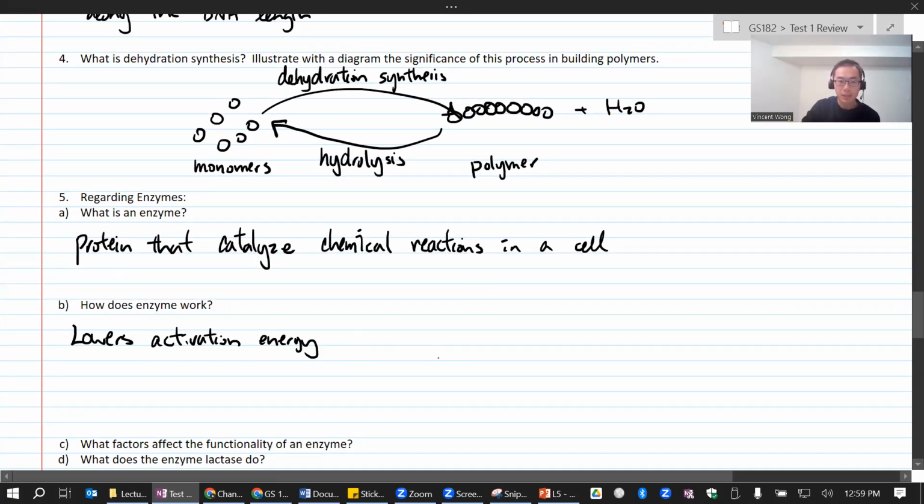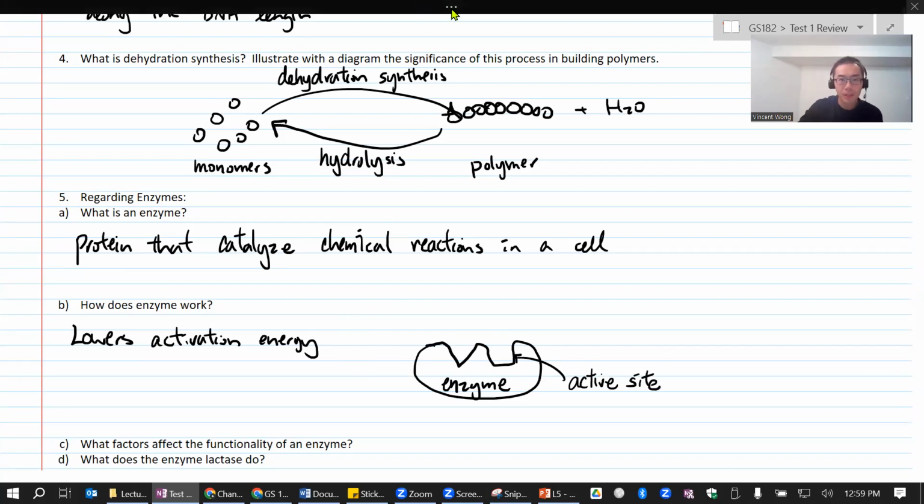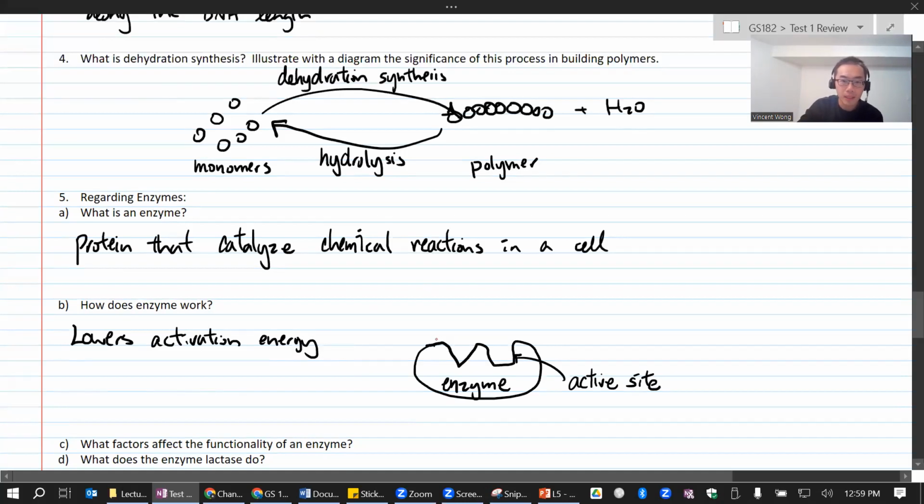And how does the enzyme work? Well, you've seen me draw an enzyme before. This is an enzyme, and you have these grooves, these pockets called the active site. That's where you put the ingredients in, the substrate. So the substrate has to fit the pockets.